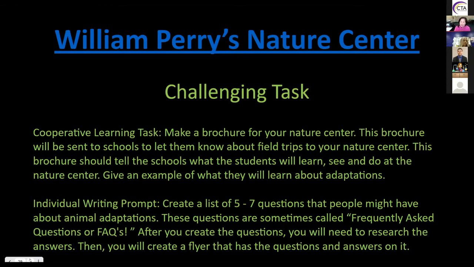The other was listing 5 or 7 questions that people might have about animal adaptations and writing an FAQ. But depending on the reader's level, you may have to scaffold it. You may have to have different types of texts, but both are complex tasks, and you're just adjusting the level of difficulty. Next, please.